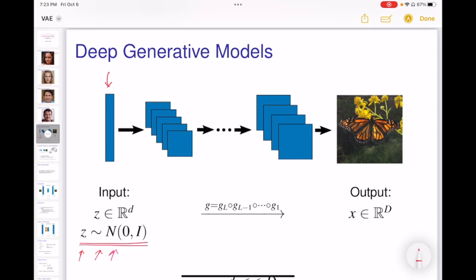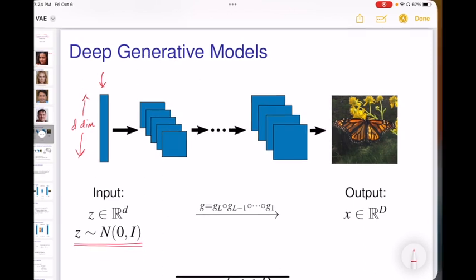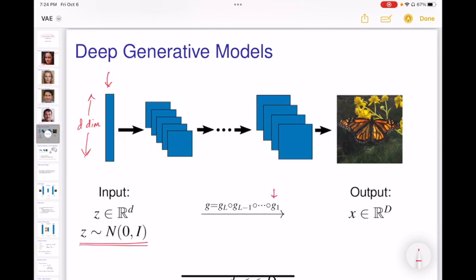So we can sample, let's say, a latent code from this normal distribution. Once we have a latent code in d dimensions, we pass it through a bunch of neural network layers, which are represented as a composition of these layers here. So it goes through G1 and then G2 and up to GL. So there are L layers in this network.